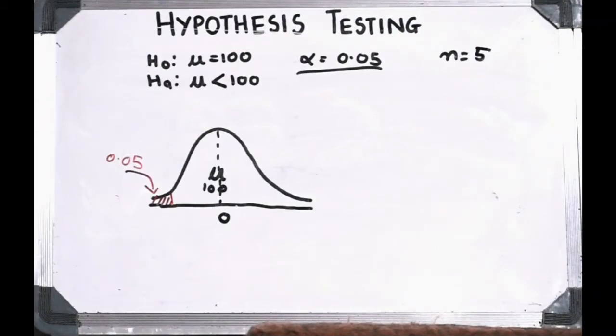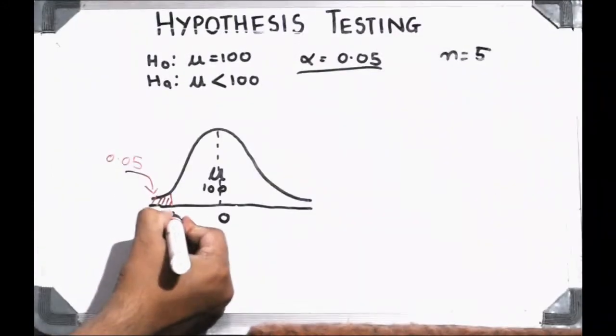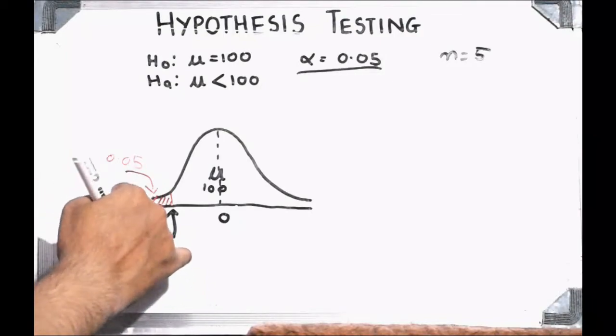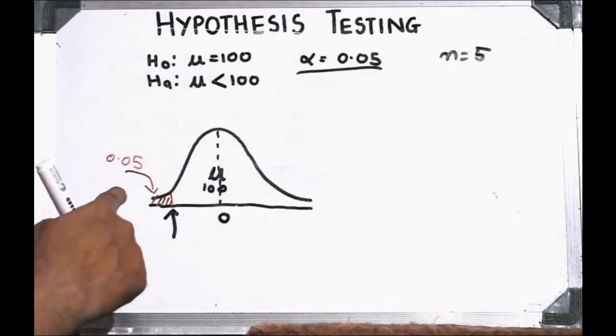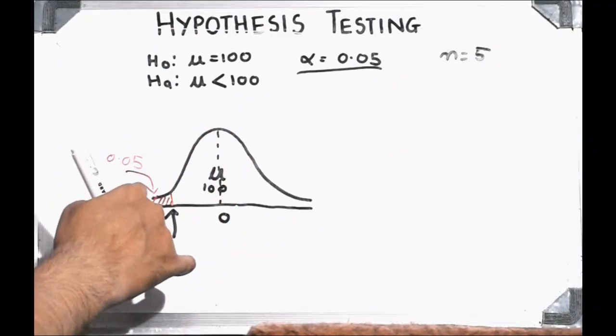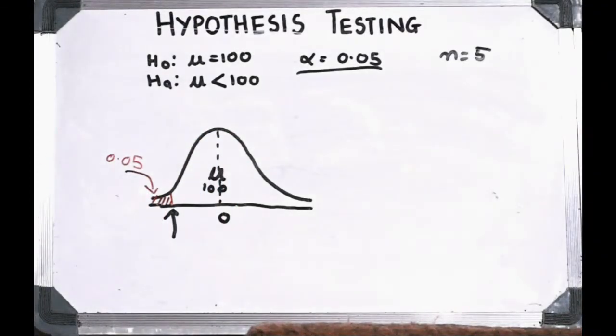Okay, now as we were discussing, we need to find the critical value, meaning this value. The critical value is the value which separates the rejection region from the acceptance region. If this is alpha, and this is 1 minus alpha, this is the acceptance region and this is the rejection region. So we will be doing the t-test.